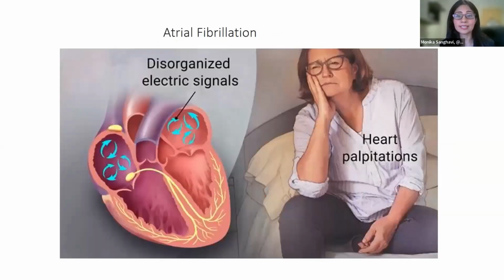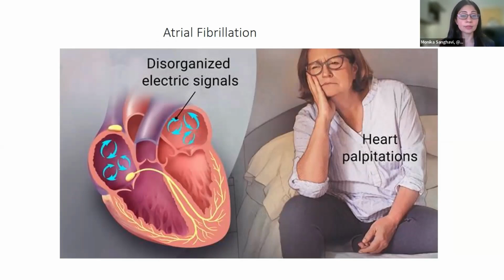One other one that I want to mention that is very common is arrhythmias. So atrial fibrillation specifically can be the presenting sign of heart failure. Atrial fibrillation is the most common cardiac arrhythmia as we get older. You probably know someone who has atrial fibrillation, and what it is, is a disorganized electrical signal.